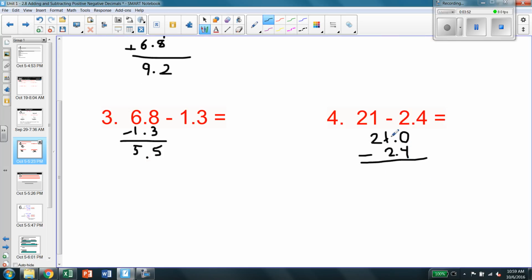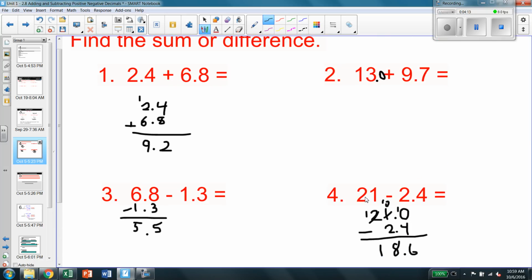No. We need to regroup or borrow, however you learned. We get 6, keep the decimal. Can we subtract 2 from 0? No. So we take 1 from the 2, and we put it over here. So we get 10 minus 8 is 2, and 1 comes over. Our final answer would be 18.6.